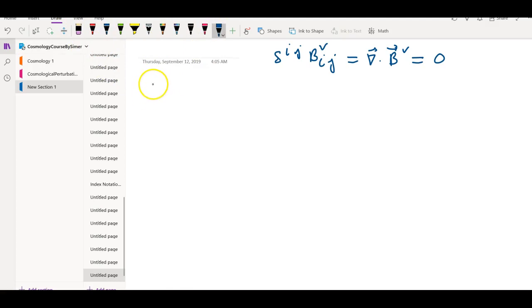Let us consider any vector F. F is any vector, and I can write this as the sum over k of F_k e^{ikx}.